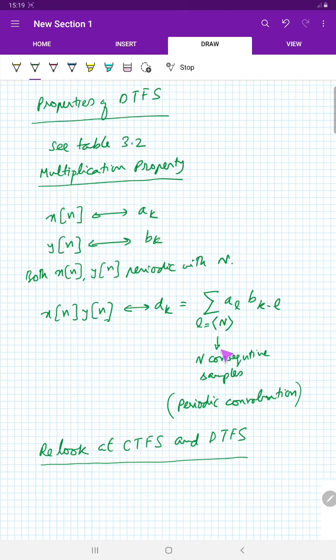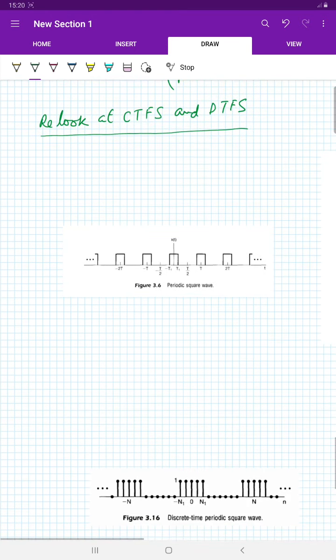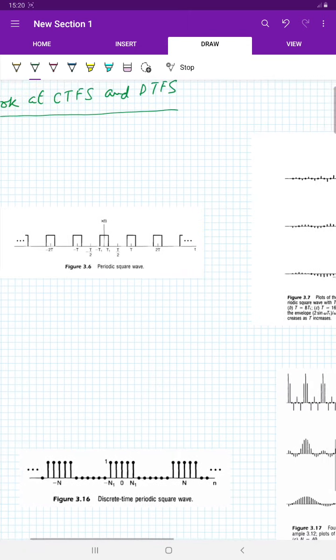But except here the convolution is not an infinite sum. The convolution here is a finite sum because of the periodicity property. We just need to do the convolution over one period. So this is a periodic convolution.